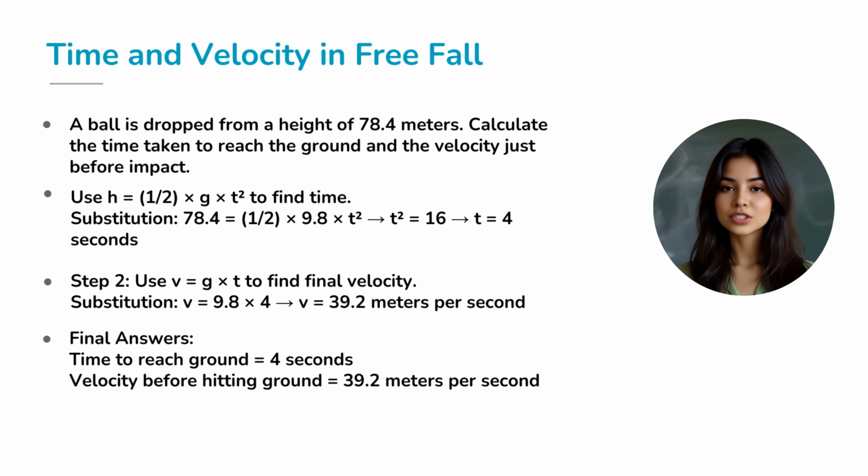That simplifies to t squared equals 16, so t equals 4 seconds. Step 2. Now, use v equals g multiplied by t to find the final velocity. That's 9.8 multiplied by 4, giving us 39.2 meters per second. Final answers: time to reach the ground 4 seconds, velocity before hitting the ground 39.2 meters per second.